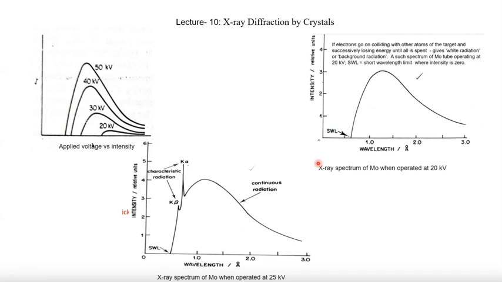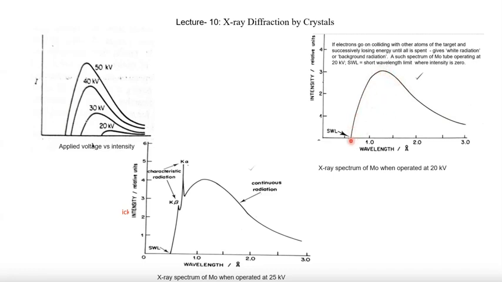Now we see when we get characteristic peaks. Well, you see, we take this figure. The electron goes on colliding with other atoms and successively losing energy, and then all energy is spent. And that's what we see in the spectrum, and that's what we call background radiation or white radiation.